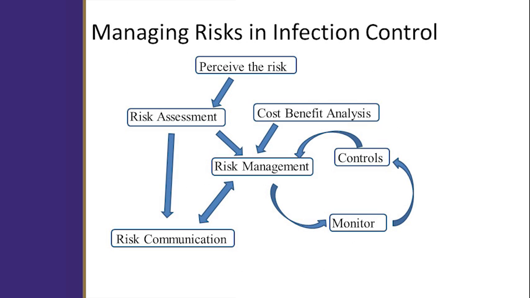If I try to visualize in my own head the process and the steps that you might want to take in controlling risk in an infection control setting, you certainly want to perceive the risk. You want to identify what the threats are. You want to go through a good and thorough risk assessment. Now, that risk assessment may mean different things in different settings. In the clinical setting, do you have time to go in and run computer models? Depends.